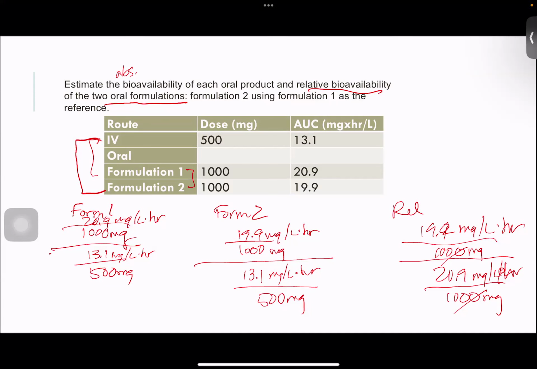And I'm going to ask you to round these to the whole percentage point.